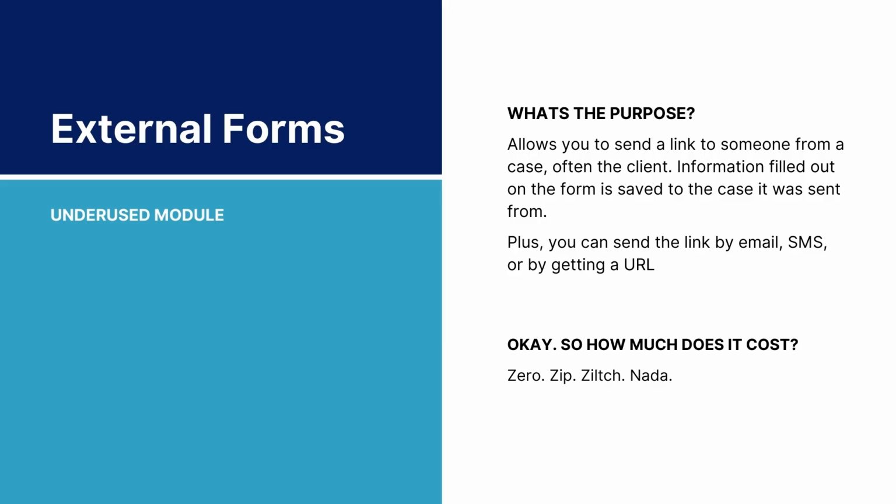Common question is, wait a minute, does that mean that I'm giving the client access to their case so they can see the notes and everything else? The answer is no. They can only see what is on the form or forms that you send them. Common examples: hello client, we have the following information about you on your case. Please look over this, and if you see anything that's wrong, please correct it. Thanks very much.